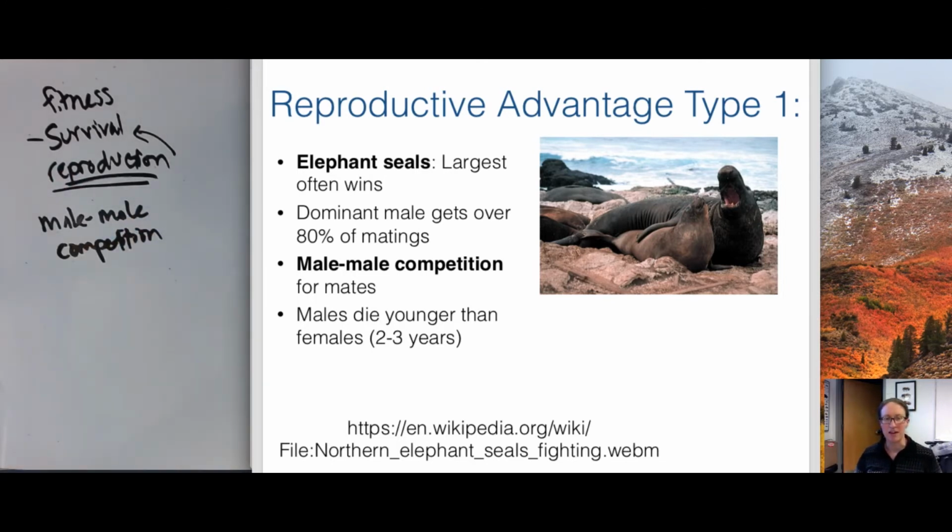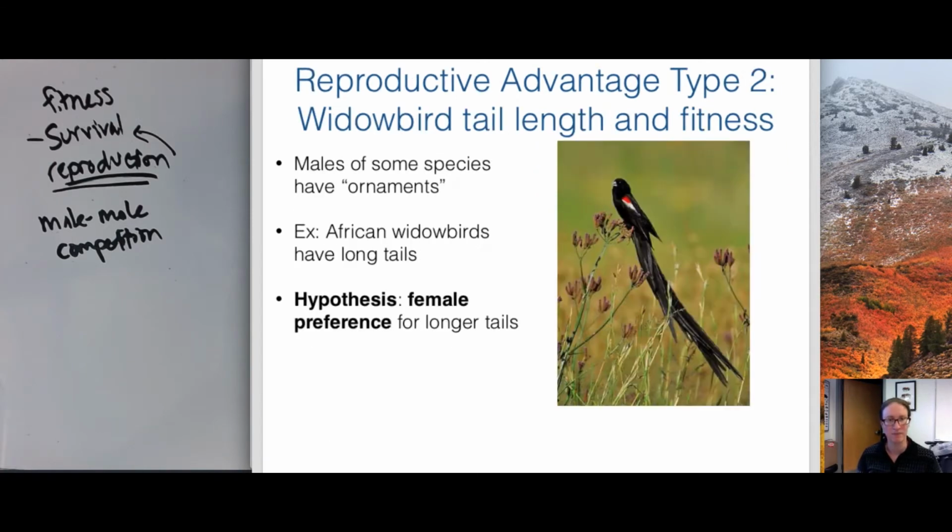Right, so the male who wins winds up having opportunities to reproduce with more females. And again, there is a survival cost to this in that male elephant seals tend to die younger than the females do. So that's one type of reproductive advantage.